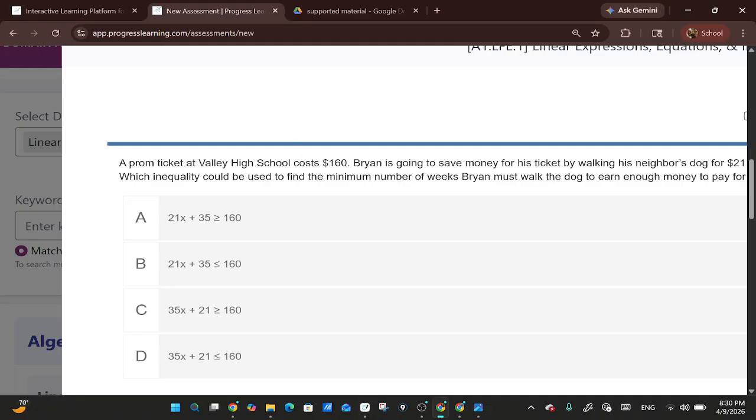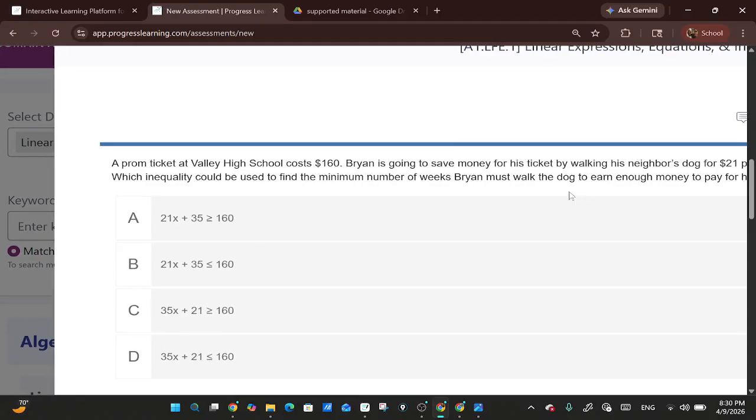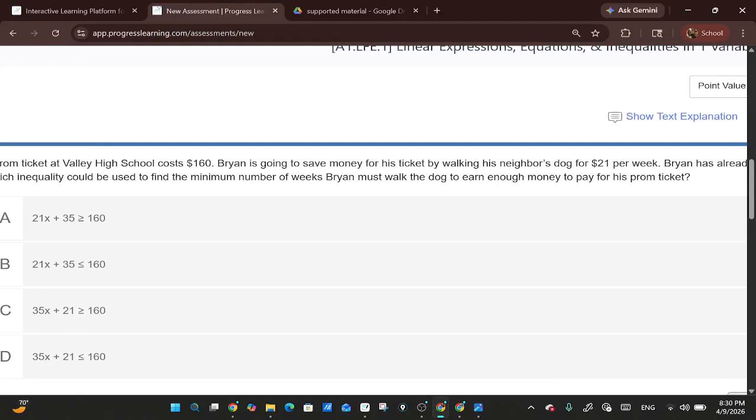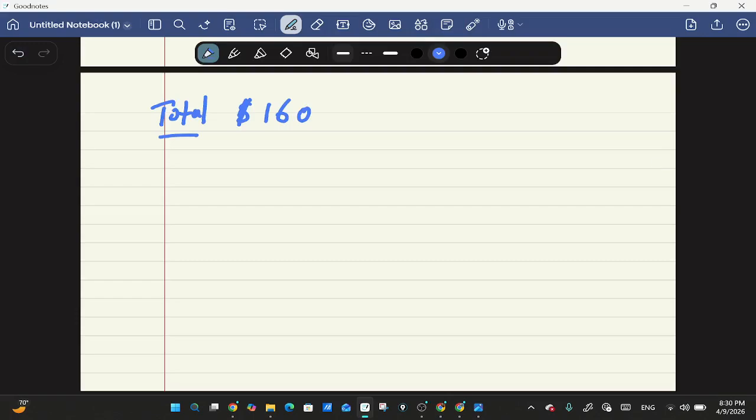Brian is going to save money for his ticket by walking his neighbor's dog for $20 per week. So now the person works, and he gets $20 for each week.